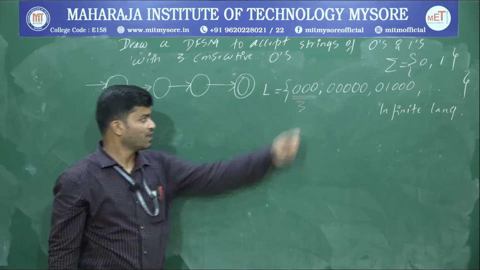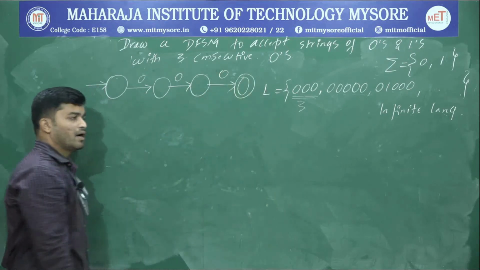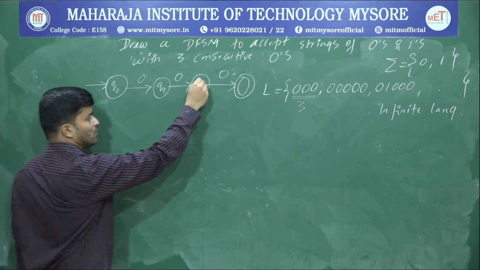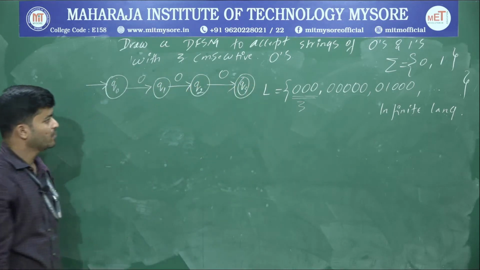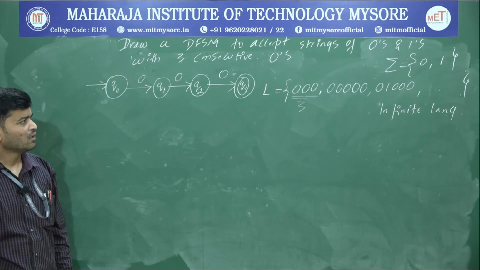Whatever the minimum length string is, you write it as it is: 0 0 0. Then name all the states: Q0, Q1, Q2, Q3.